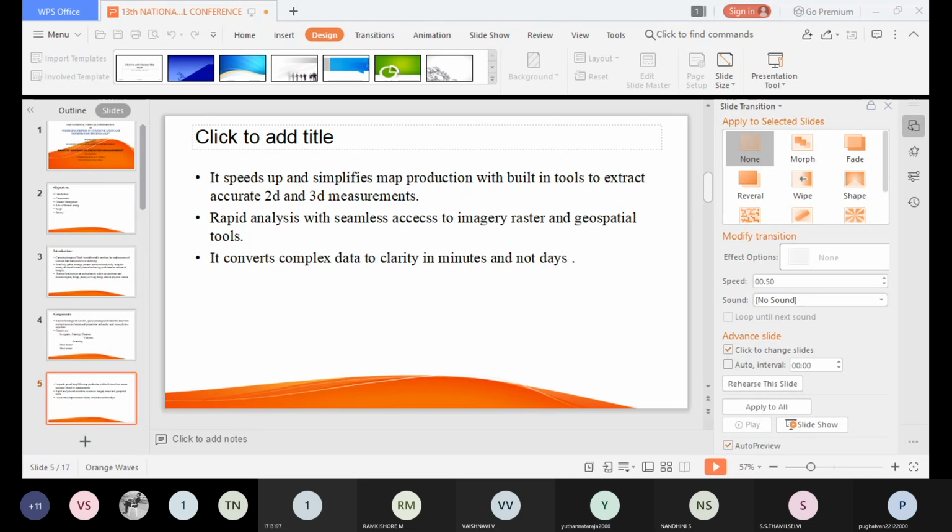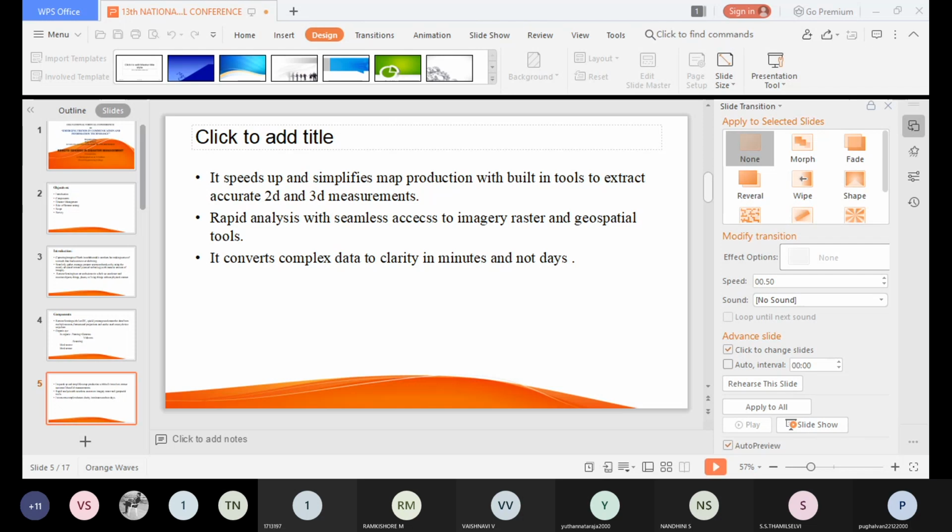For example, in Uttarakhand, floods happen often. So we can capture the image using remote sensing.